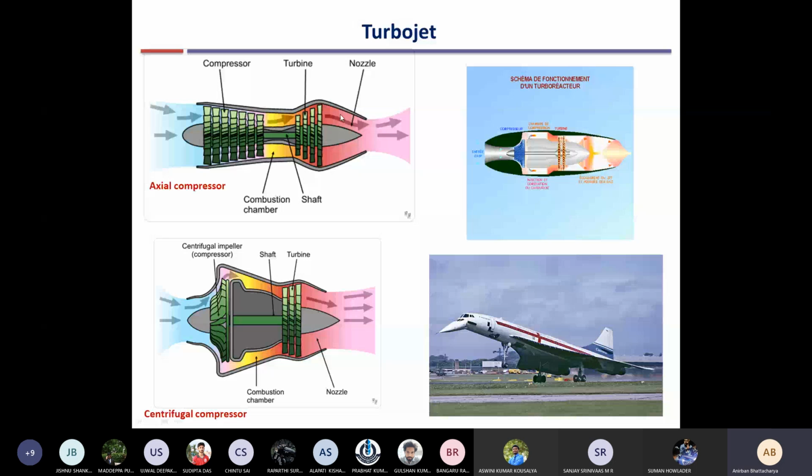But there is another efficiency called propulsive efficiency, which tells us how much of the kinetic energy carried by the exhaust gases is actually wasted. For turbojets, the exhaust gases go out at very high velocity compared to other types, and if the exhaust gases go out at very high velocity, their kinetic energy is also very high, and a lot of energy is wasted.